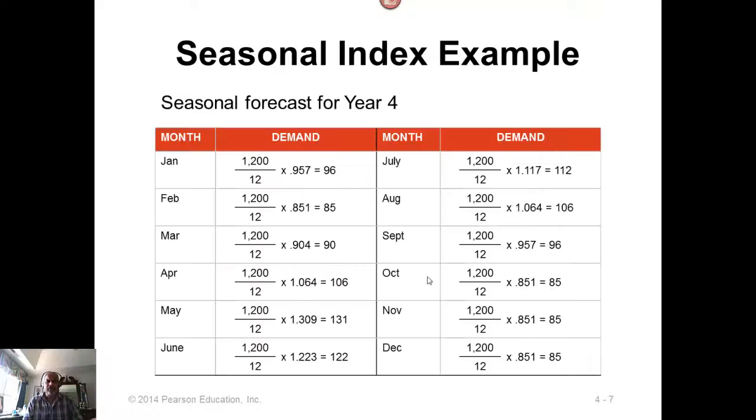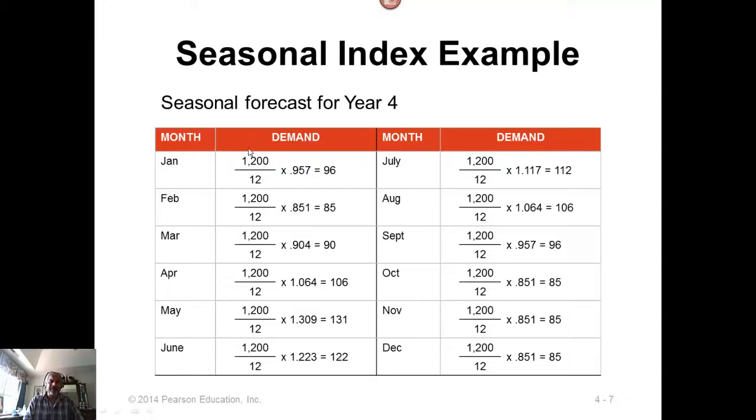Then you find the total demand for this next year, year 4, say 1200. If that is the estimated forecasted demand for the entire year, you divide by 12 to convert that into monthly demand. That would be before adjusting for seasonality. And then you multiply by the seasonal index, and that will give you the seasonally adjusted forecast.